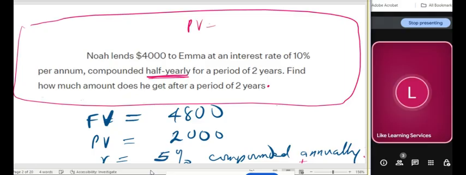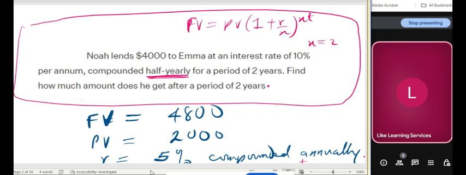In the formula p is equal to v times 1 plus r over x, to the power xt. In this case, x is equal to 2. It's done twice every year, and then the number of years t is also equal to 2. Alright, so you just apply it properly. Okay, I think that's fine.